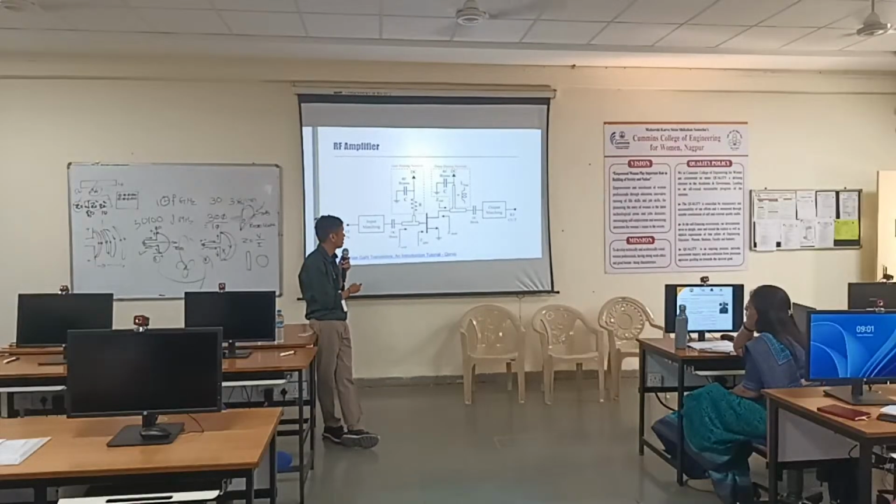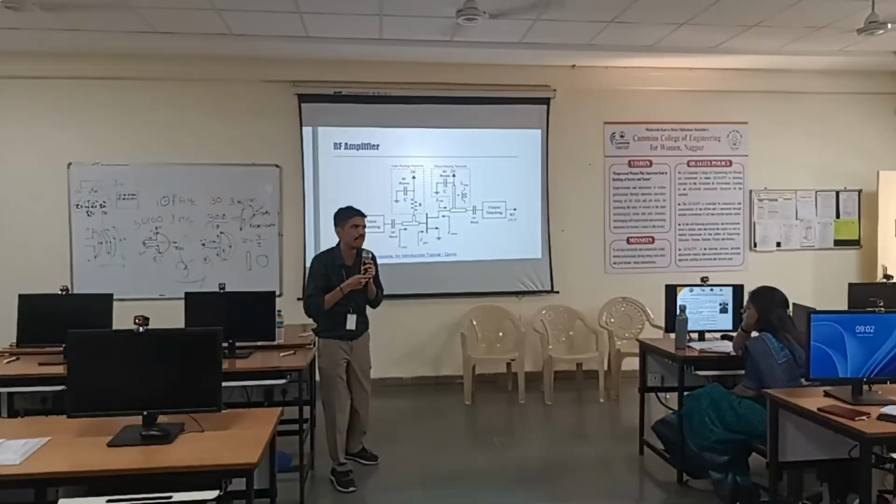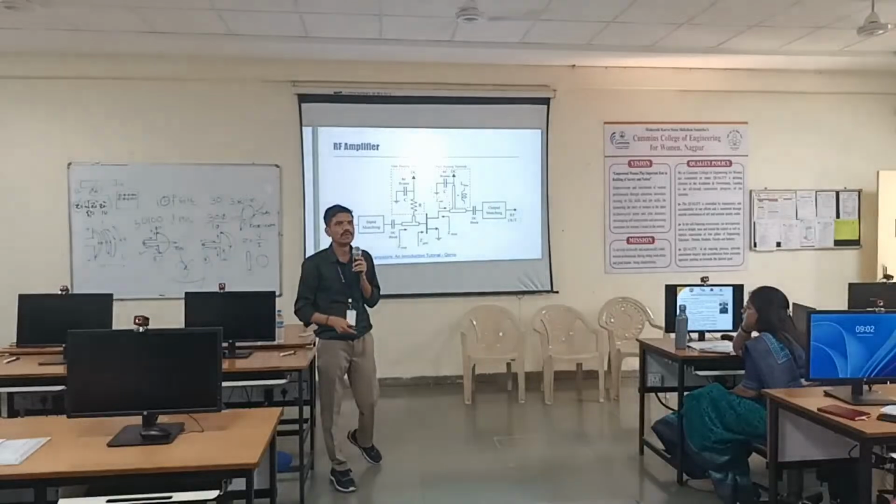Those ripples can flow till this point and they will interfere with this RF line. This horizontal is the RF line and these vertical lines are what? DC lines. So you have to be very careful. You have to separate DC from RF.